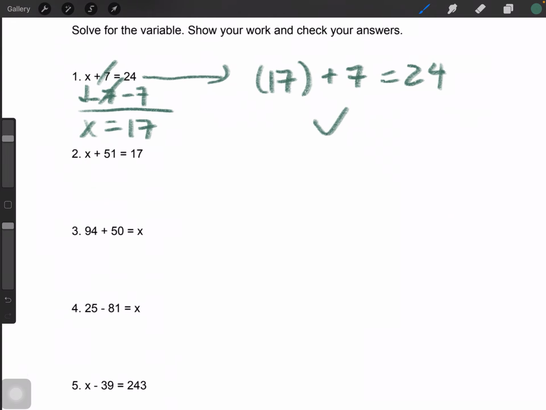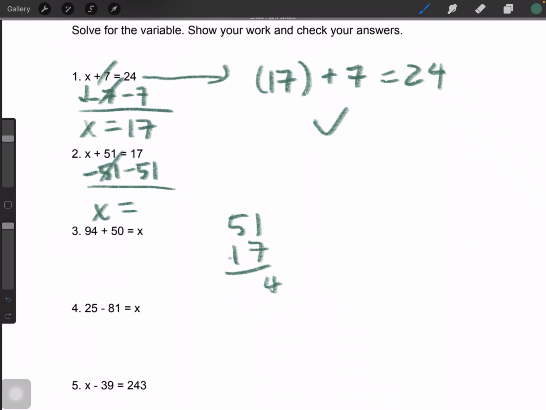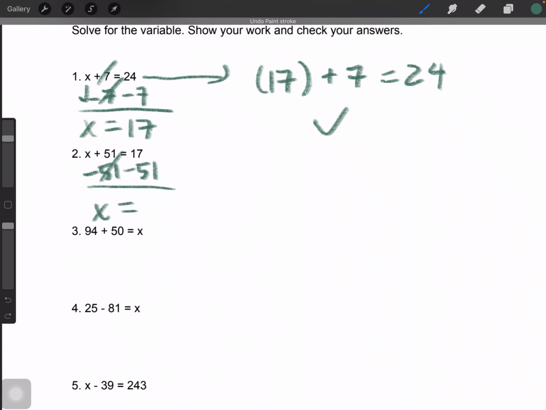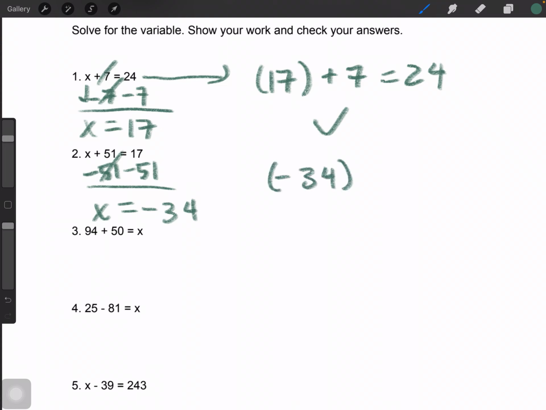Number 2 is the same concept. You want to minus 51 from both sides. This gives us 0. x is equal to 17 minus 51, which would be, 51 minus 17 gives us 34. Now it's negative 34. Okay, now we have negative 34 plus 51 is equal to 17.